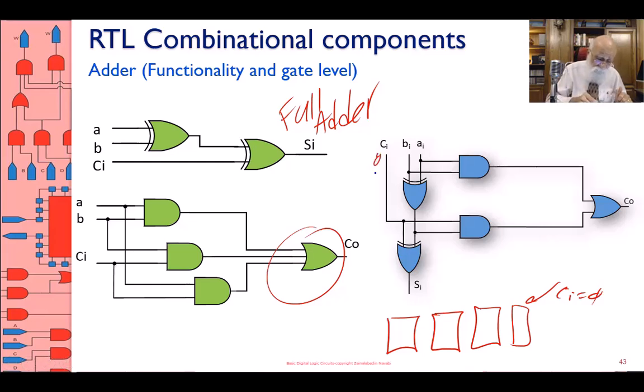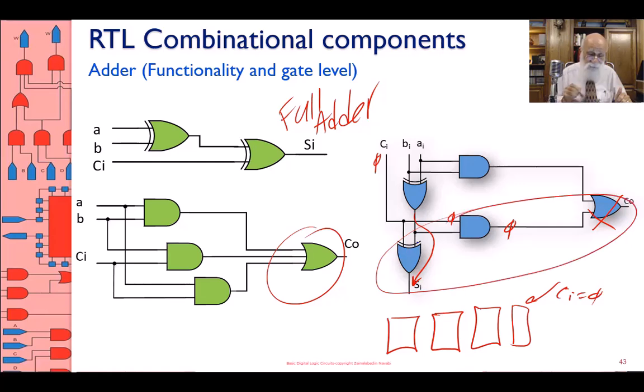If I remove the carry in, this is 0, so this is 0, and therefore this OR gate is not needed. If I remove this, this XOR is not needed, and therefore this becomes my sum output. Okay, and therefore this part of the circuit is eliminated. The only part that remains is this part.